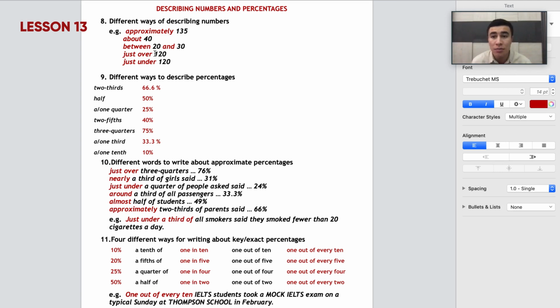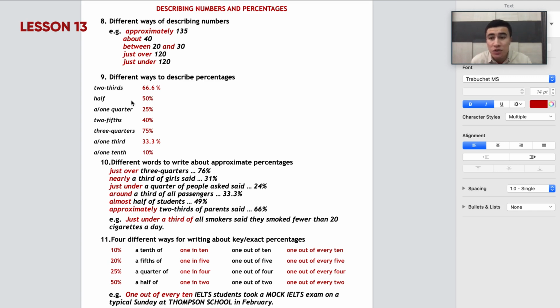Now, let's talk about different ways to describe percentages. Of course, if you have basic knowledge of mathematics, you will not have any difficulties as long as you understand the logic here. So 66.6%, you can refer to this percentage as 2/3. So if you have something like 65, you can say approximately 2/3.